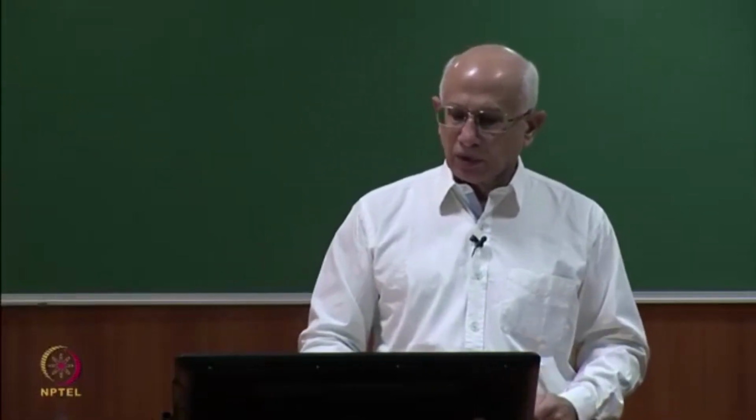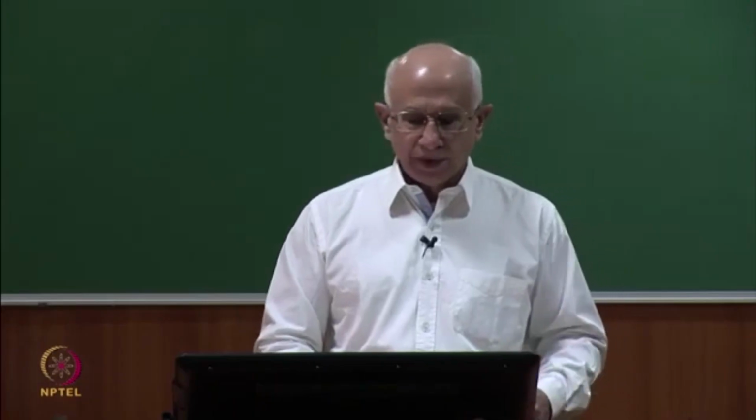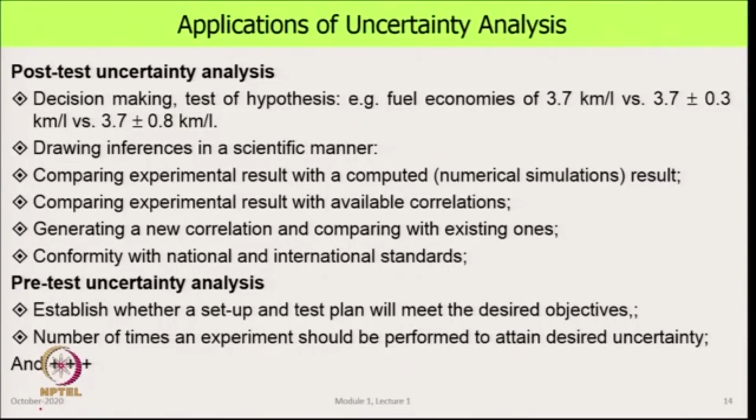Now, we give some examples of applications of uncertainty analysis, beginning with post test uncertainty analysis. So, in decision making or test of hypothesis, we do an experiment and we get data that the fuel economy of a fleet is 3.7 kilometers per liter, but then the number does not make any sense because we do not know the uncertainty, and then somebody says, okay, I will tell you my uncertainty.